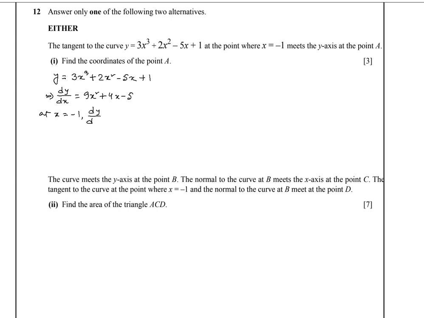So at x equals minus 1, dy over dx equals 9 times minus 1 squared, that is 9, then 4 times minus 1, that is minus 4, then minus 5, equals 0. So the gradient of this tangent at x equals minus 1 is 0.